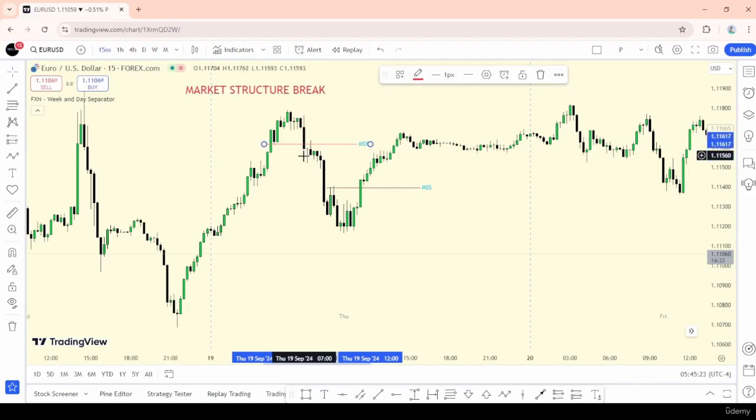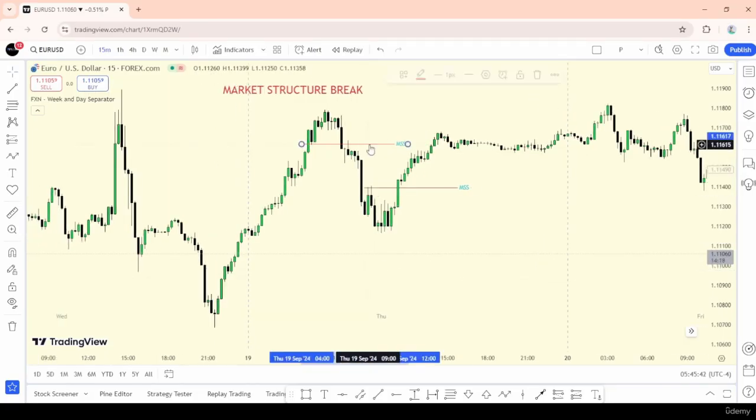Once this swing low was run out, we can see that the bodies of the candle which ran this swing low ran and closed below that low. So this also confirms a market structure shift or market structure break. Another example we can see is here.